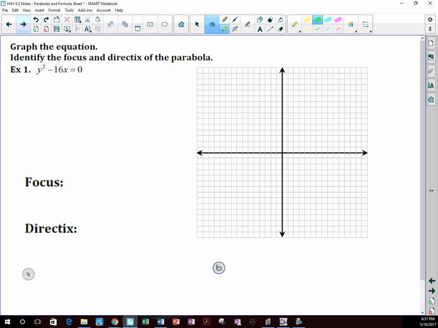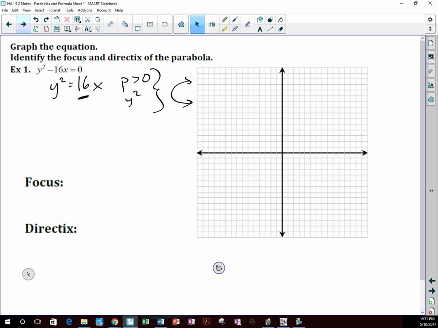Our first example, just as a real quick reminder, once we put this into its standard form, we said p is positive, and it's a y squared. The combination of those two things tells us that it's going to open to the right. y squared tells us left or right, and p being positive tells us that it opens to the right.